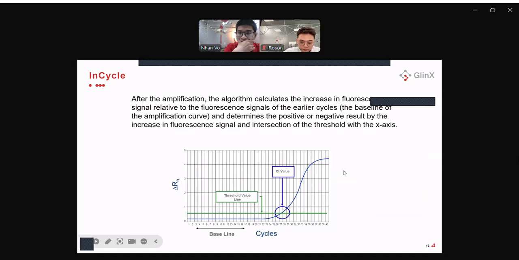After 40 cycles, the machine calculates the increase in the fluorescent signal's intensity relative to the fluorescent signal in the earlier cycles. It makes a comparison between the 40th cycle and the earlier baseline stage.